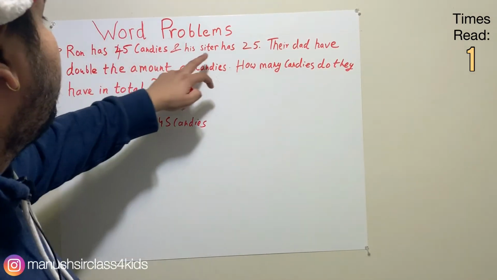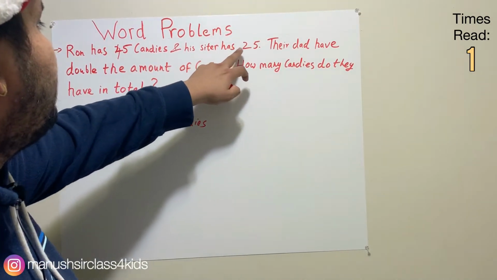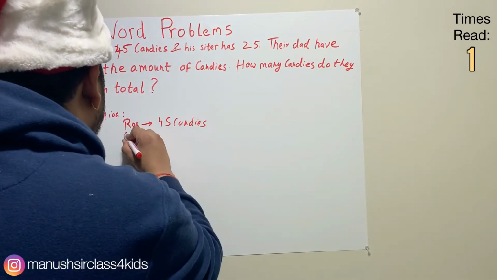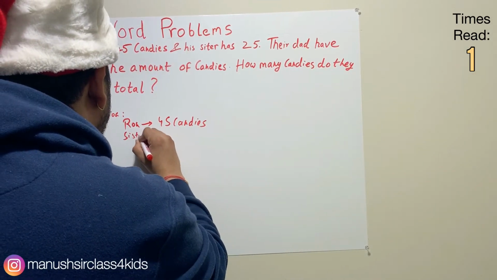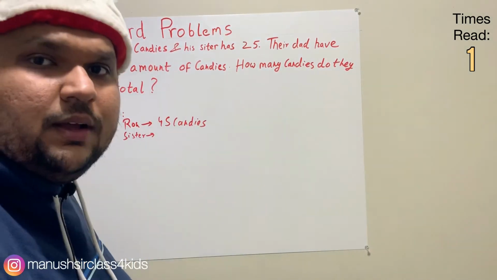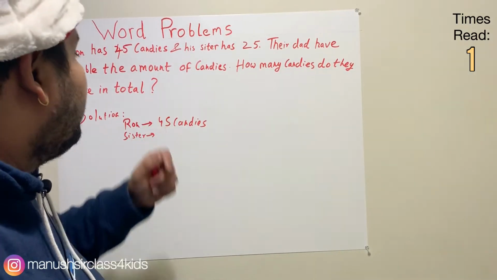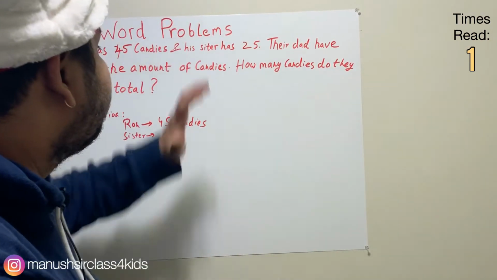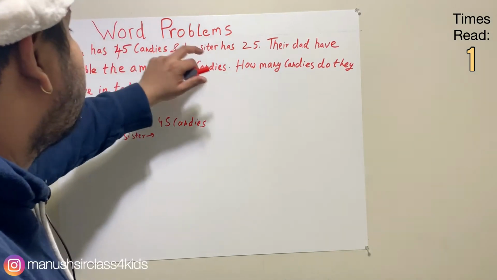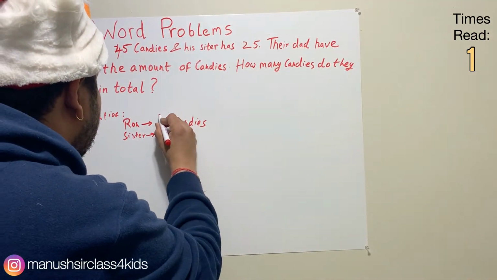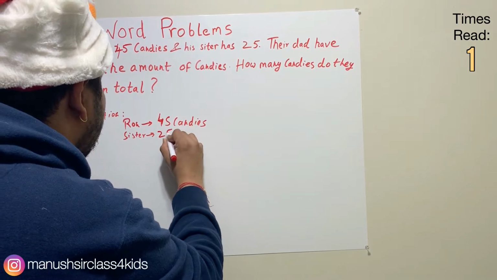Then it's given to me that his sister has 25. Sister, I would just say. I'll not add any more information which is not given in the question. You can put a name, but it's not recommended. What is given to you, just stick to it. So sister has 25 candies.